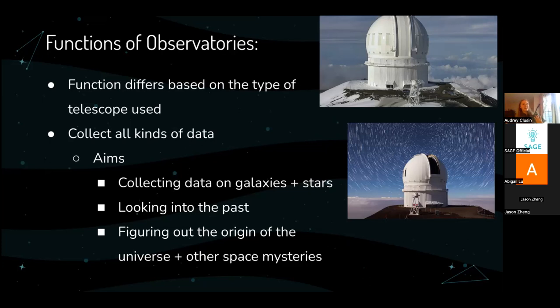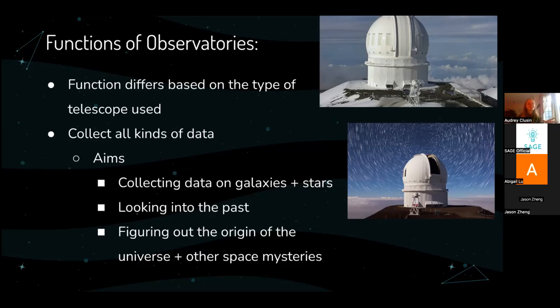The universe is expanding, which means that light that was emitted a long time ago takes longer than it would normally to get to us, because it has to travel through a universe that has gotten bigger since it was emitted. So it takes longer to travel across that distance, because that distance is perpetually getting bigger. So the farther you look into space, the farther you're looking into the past, which is really cool.